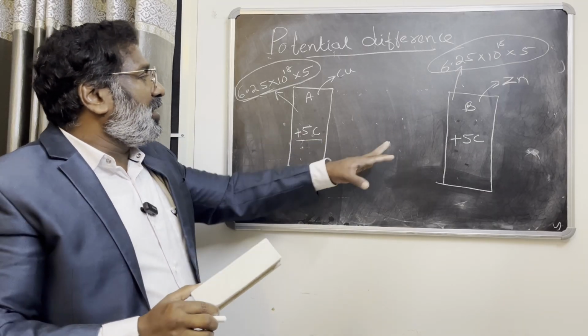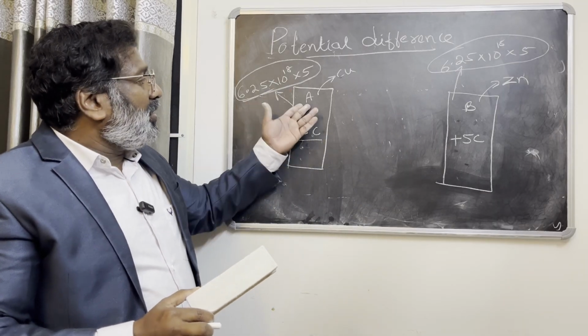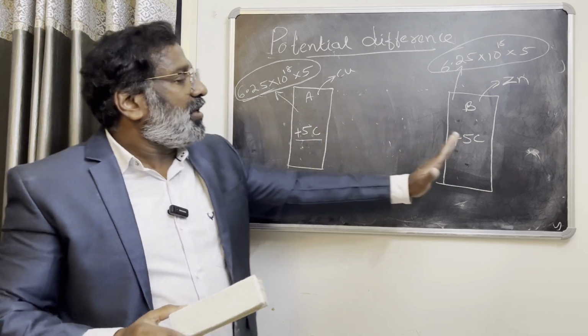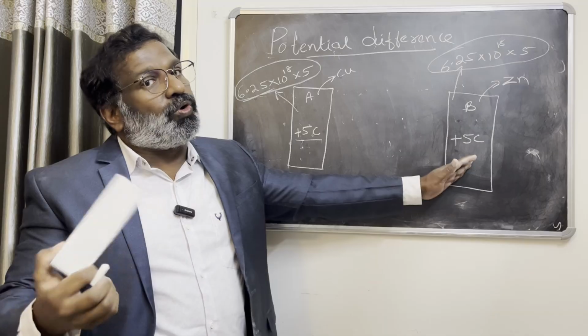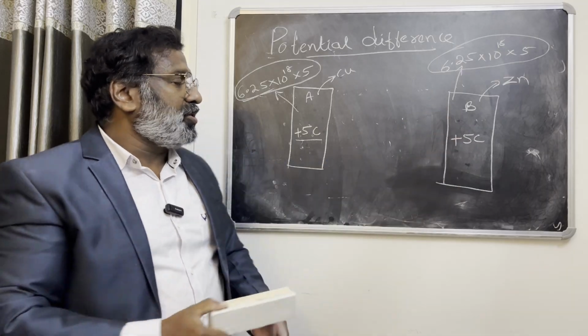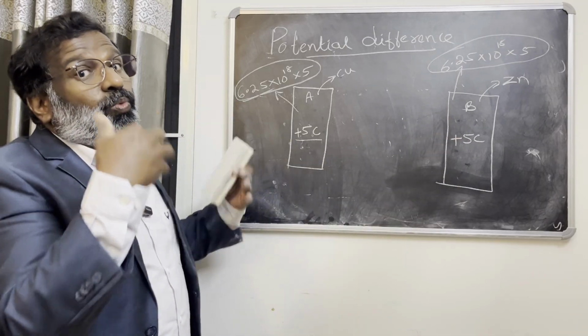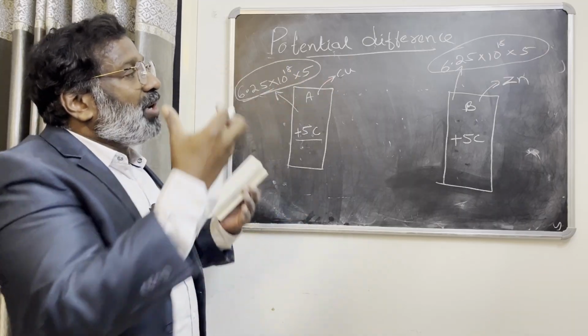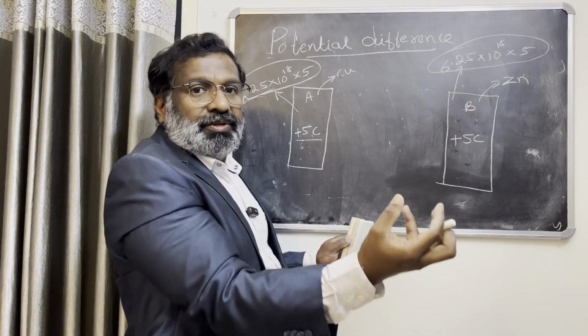And as I told earlier, in this material A, the binding energy is very less. Here, binding energy is more. So, since binding energy is more, I have to apply more energy externally to overcome the binding energy and take these electrons out.